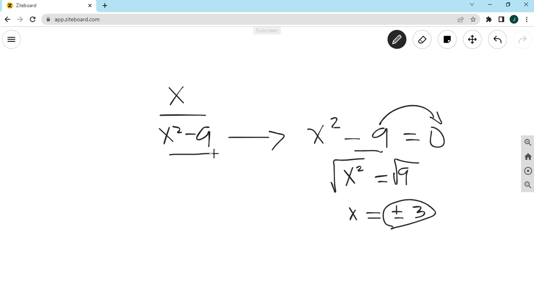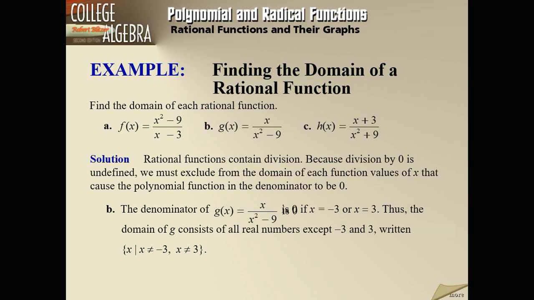So, hindi siya pwedeng maging domain ng function na to. Okay? So, again, the denominator of g of x is 0 if x is equal to negative 3 or positive 3. Thus, the domain of g consists of all real numbers except negative 3 and positive 3.